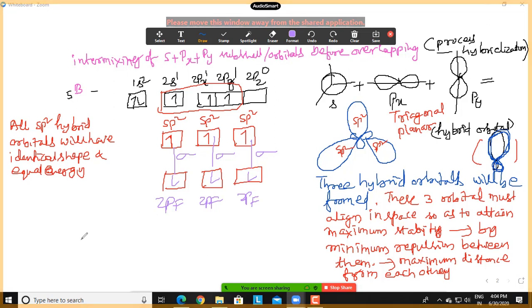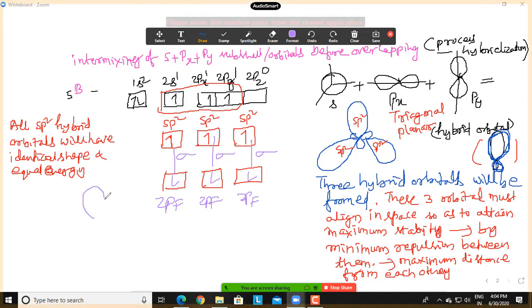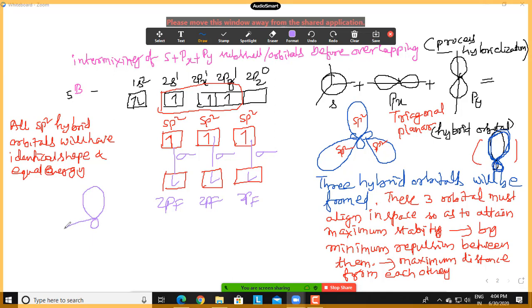Now suppose we see the orbital diagram, how the bond is formed. Suppose this is your boron atom, with one sp2 hybrid orbital, another sp2 hybrid orbital, and a third sp2 hybrid orbital like this. This is your sp2, sp2, sp2 of boron.